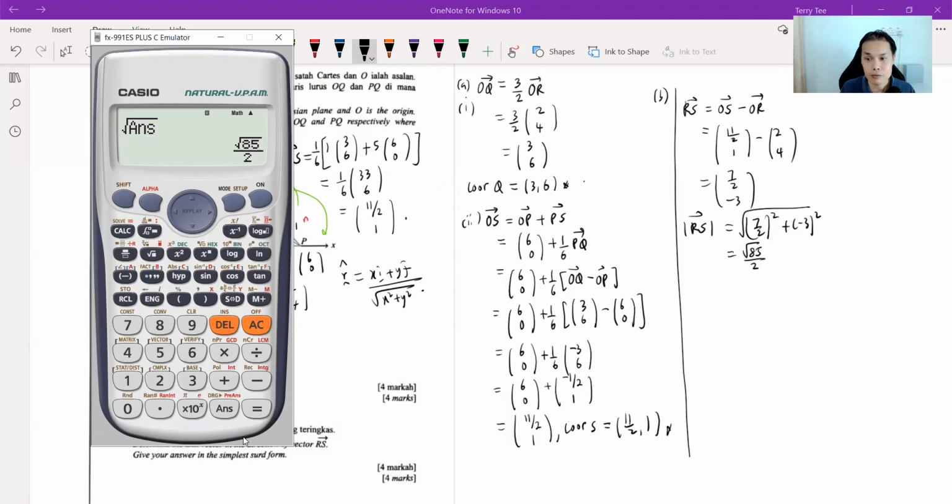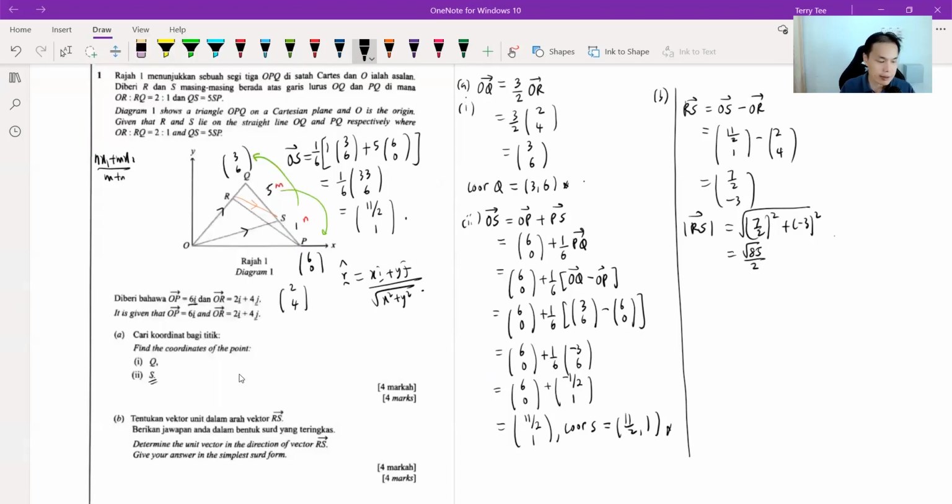Root 85 over 2. Okay, now your unit vector. Normally we don't put RS with a cap. Yeah, normally this is not the notation. So it's okay to just call it vector U, unit vector, with a cap here. All right, this is the notation for unit vector. We take the vector, divide by its magnitude.